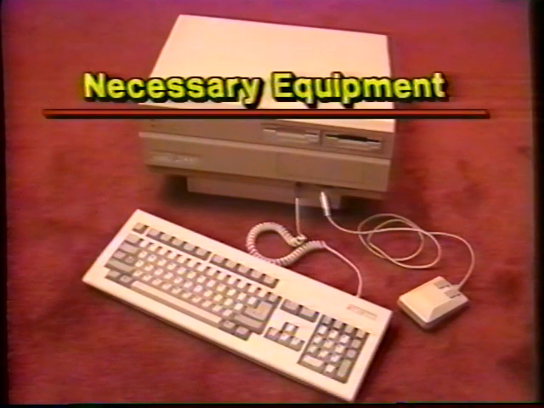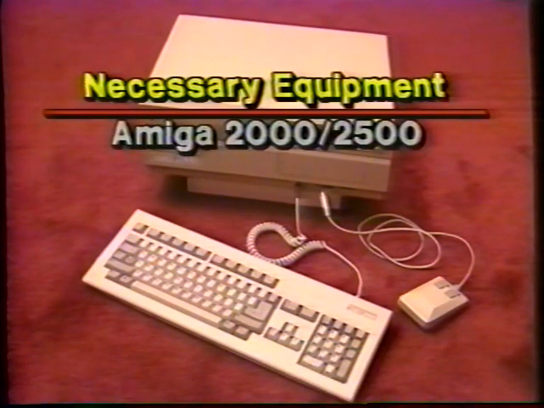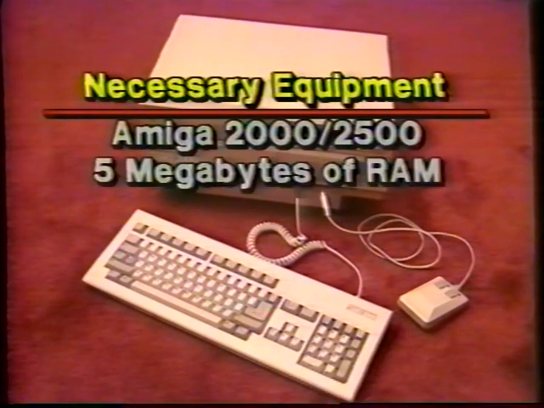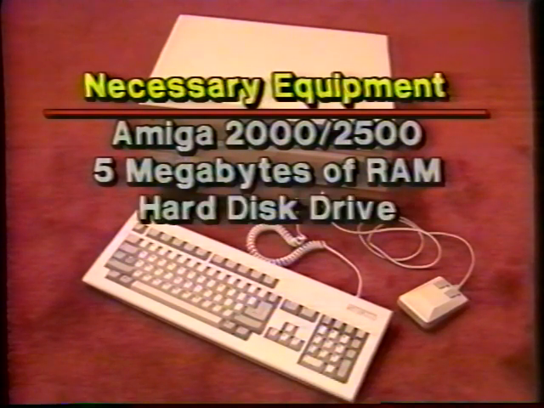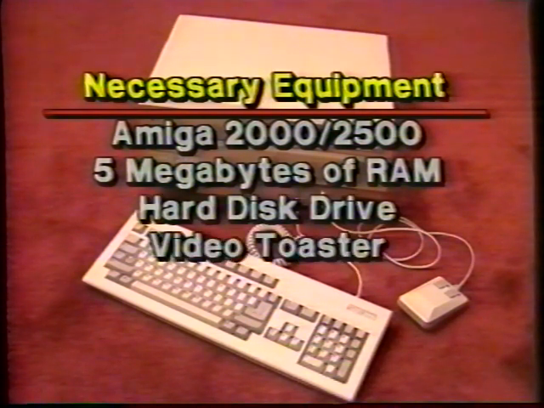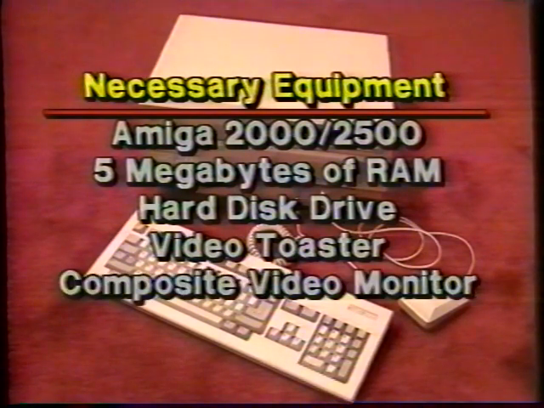First, let's talk about some of the equipment that will make creating pictures and animations in Lightwave quicker and easier. The necessary equipment is an Amiga 2000 or 2500 computer and its accompanying RGB monitor, 5 megabytes of RAM, including the Fat Agnes chip, a hard disk, the Video Toaster itself, and a composite video monitor.